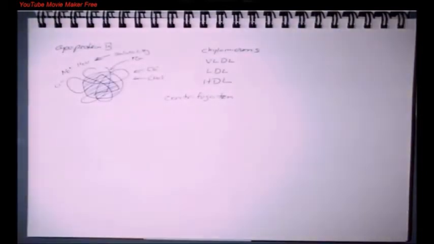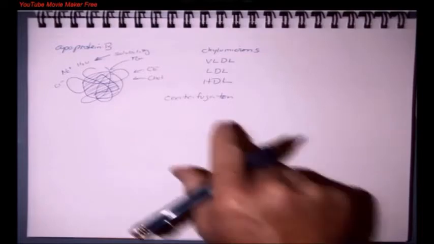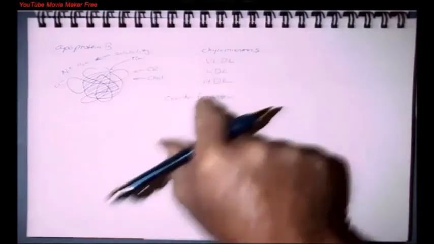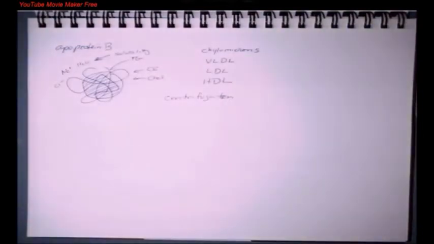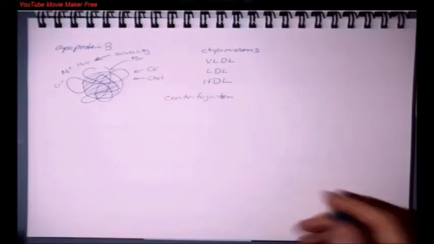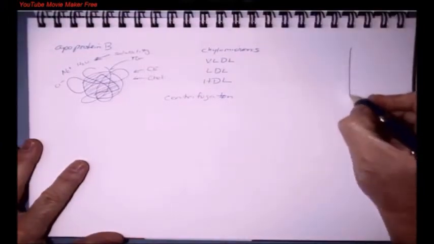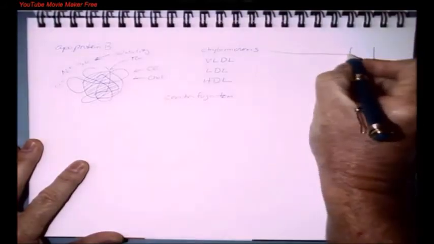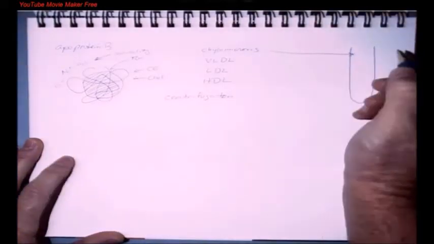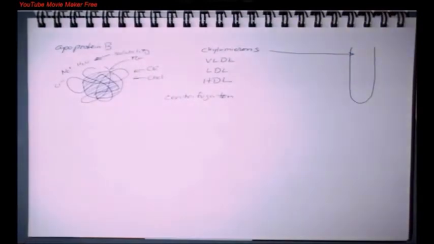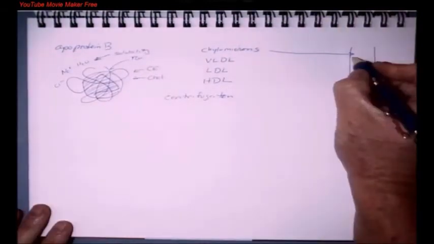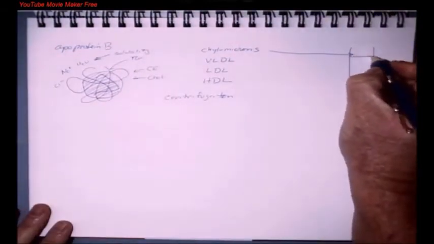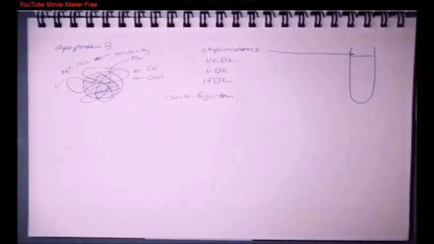You take the plasma fraction and you centrifuge this, and these individual lipoproteins will separate by density. So if you look at a centrifuge tube, what you'll see is that chylomicrons are very buoyant. And so they are going to essentially float on top of the solution that you're centrifuging in.